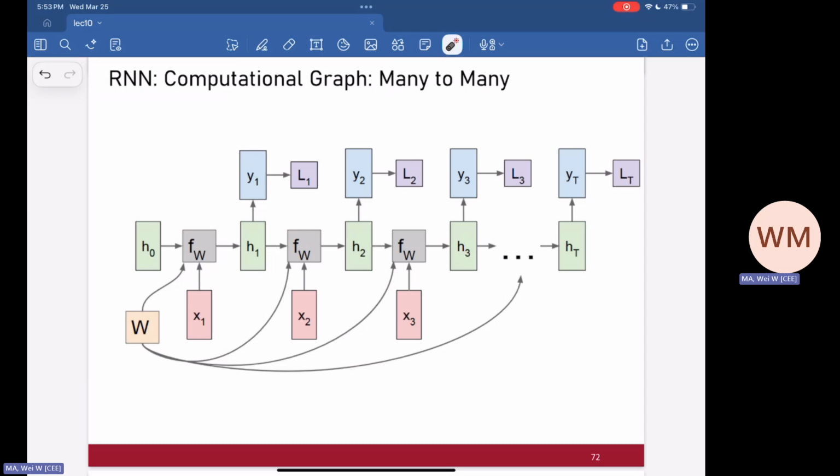For PyTorch, there is a particular library called PyTorch Geometric, PyG.